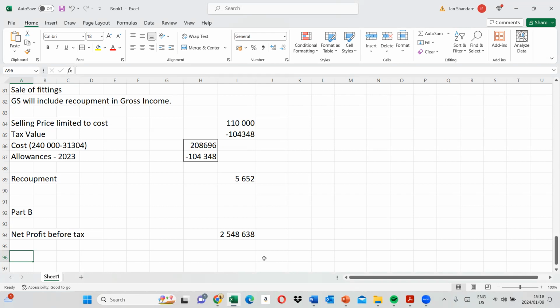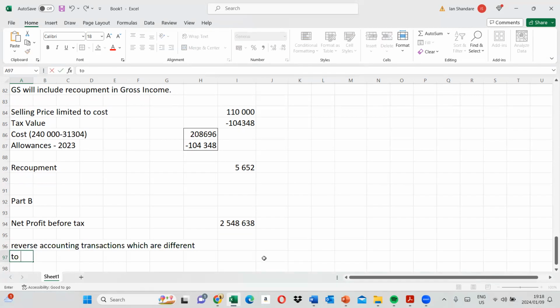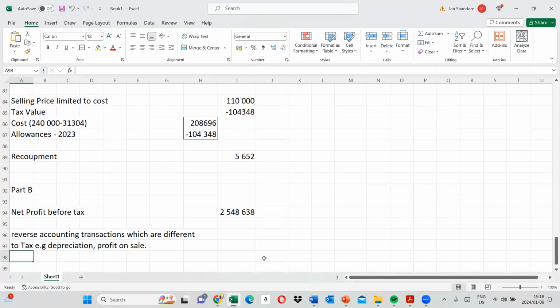SARS calculates wear-and-tear allowances. So you first have to reverse accounting transactions which are different to tax. Example, depreciation and profit on sale. When you sell an asset, accountants calculate profit, but SARS will come and say, let's calculate recoupment, let's calculate capital gains tax. Those are the differences that we have to pay attention to.